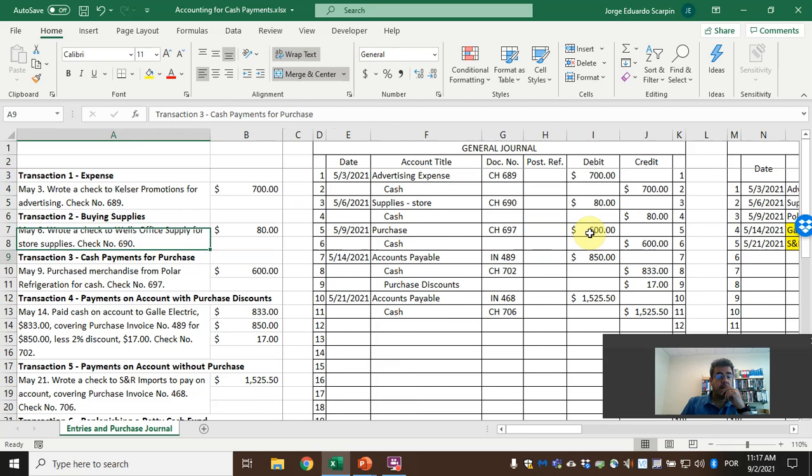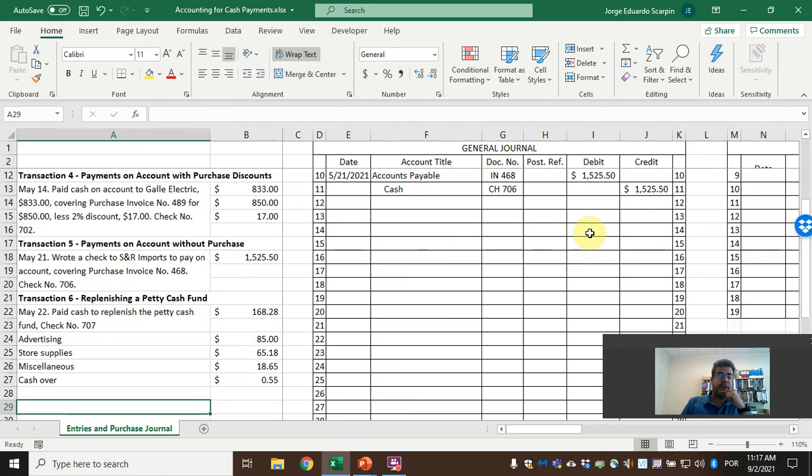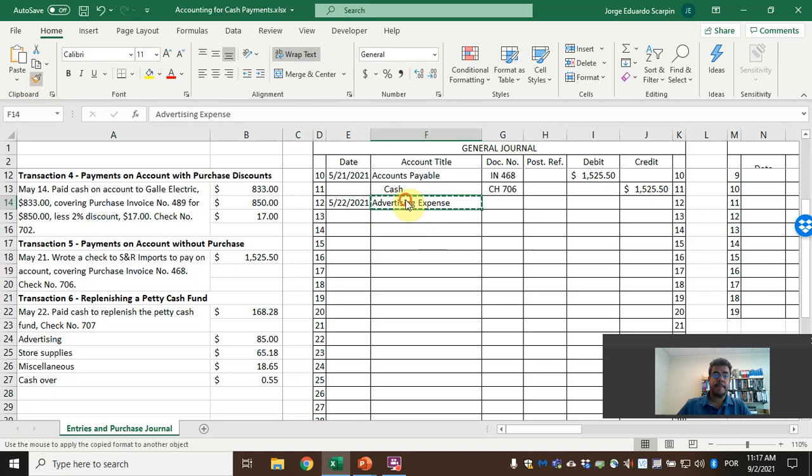And the last one, replenishing a petty fund. So here on May 22nd, what are we replenishing here? We are replenishing advertising expense. How much?